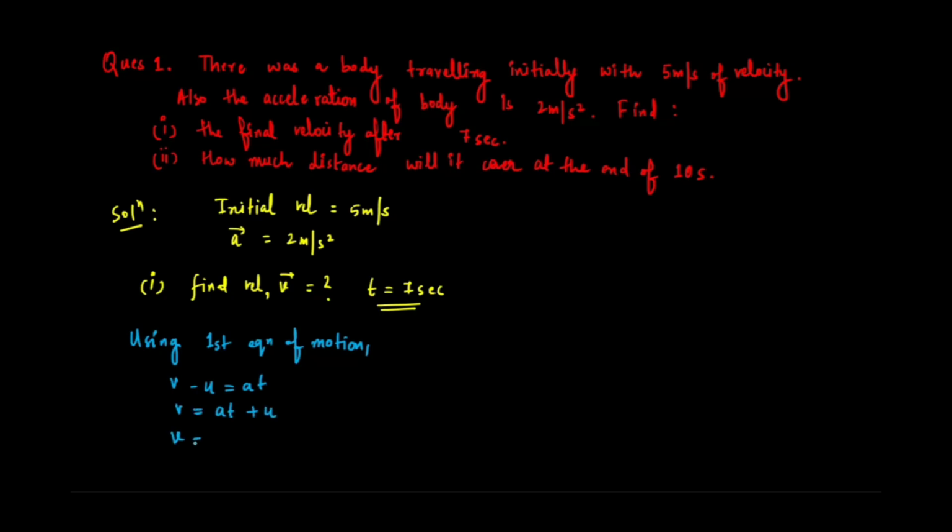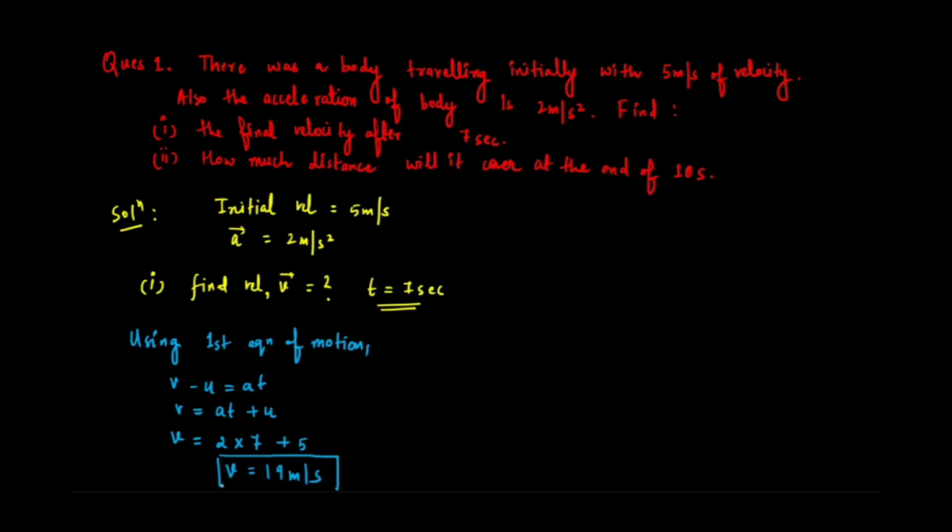We substitute the values. Acceleration is 2, time is given as 7, and initial speed is 5. So final velocity is going to be 14 plus 5, that is 19 meters per second. This is how we solve the first part.